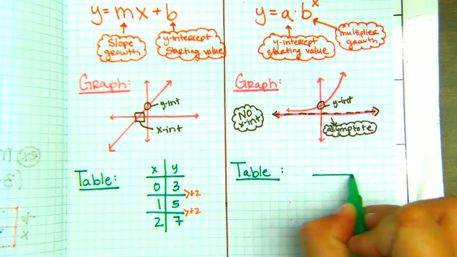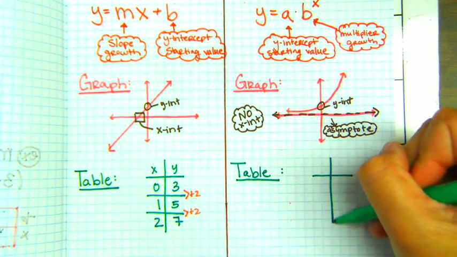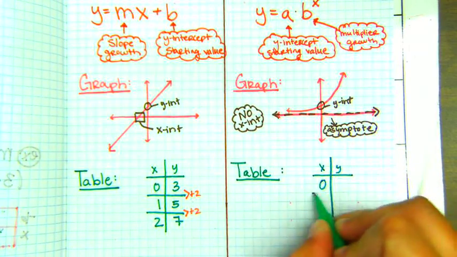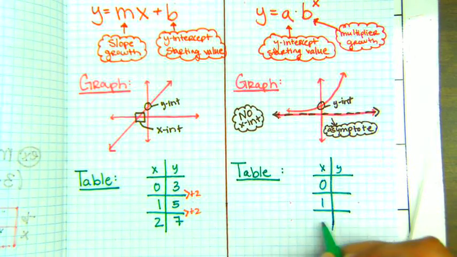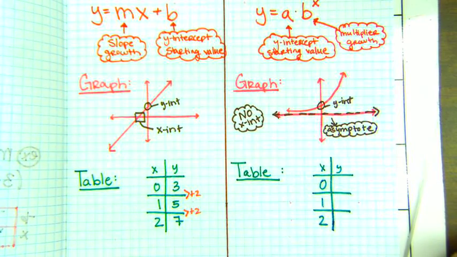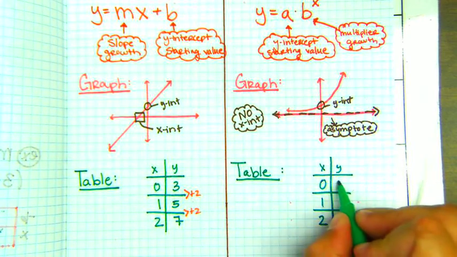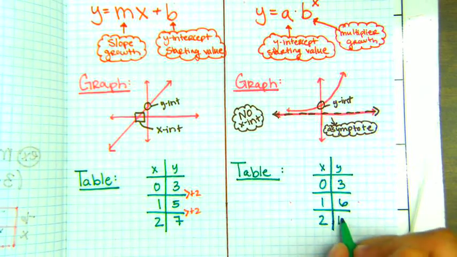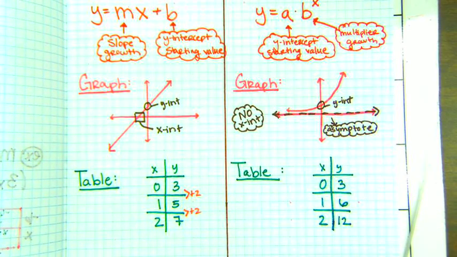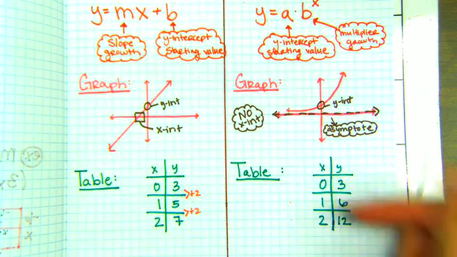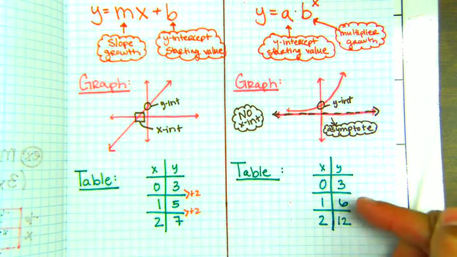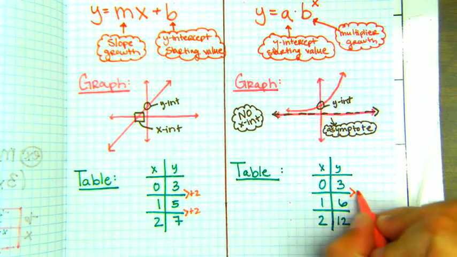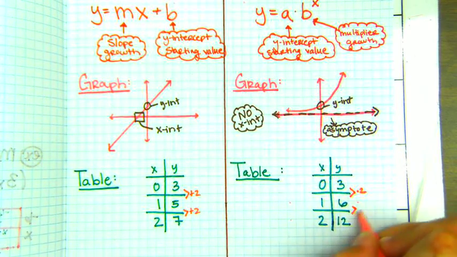In an exponential function, we could have something like 3, 6, 12. Now you'll notice that this is not increasing by the same number every time. This is adding 3 and then adding 6. But it is multiplying by 2 every time.